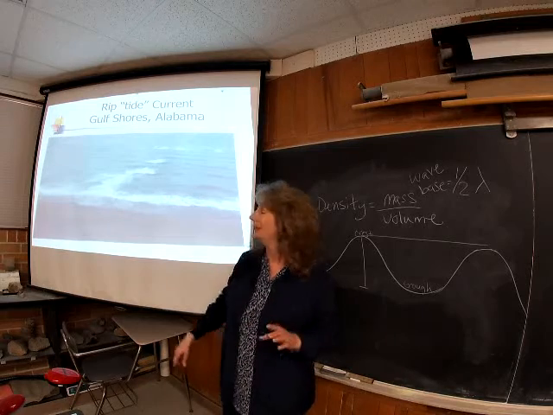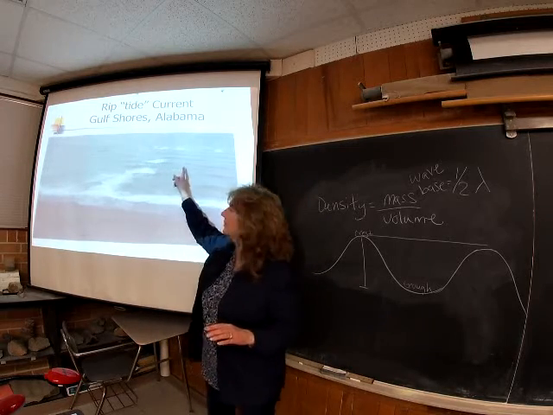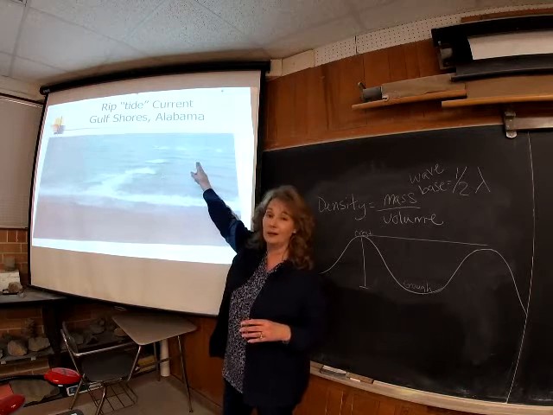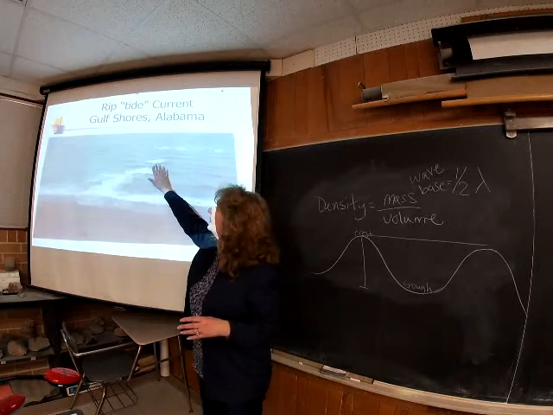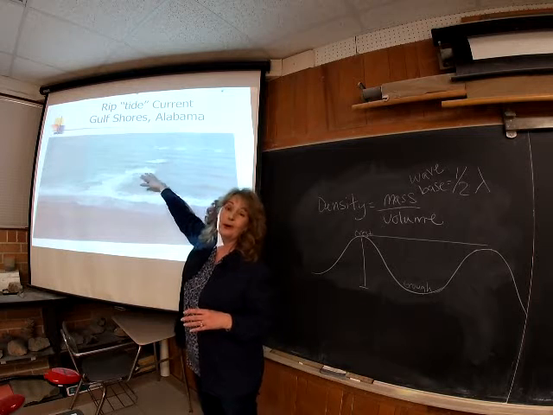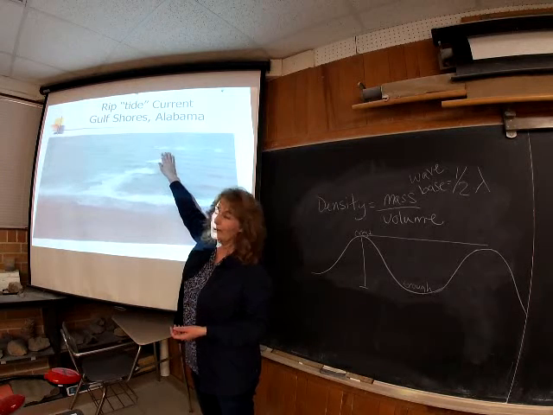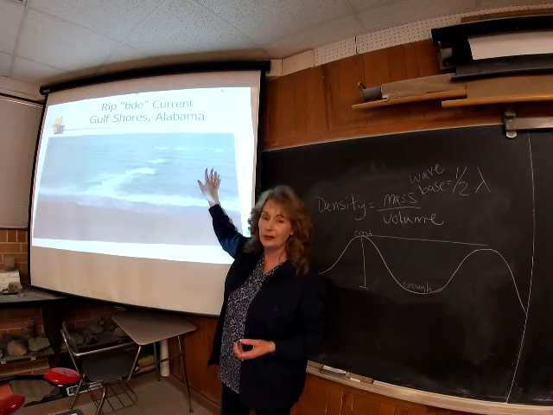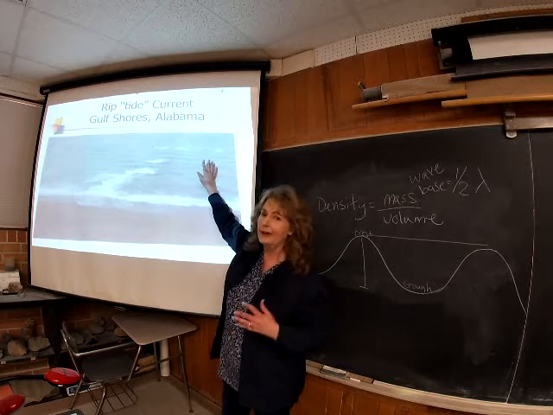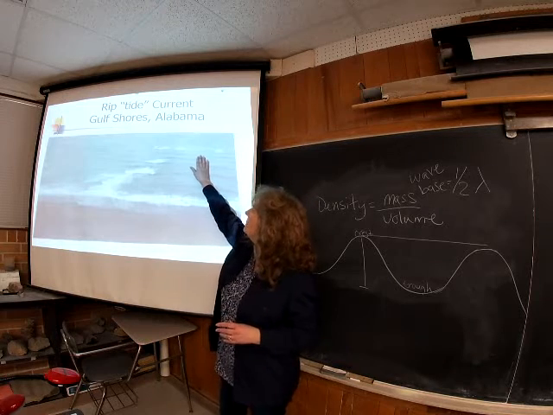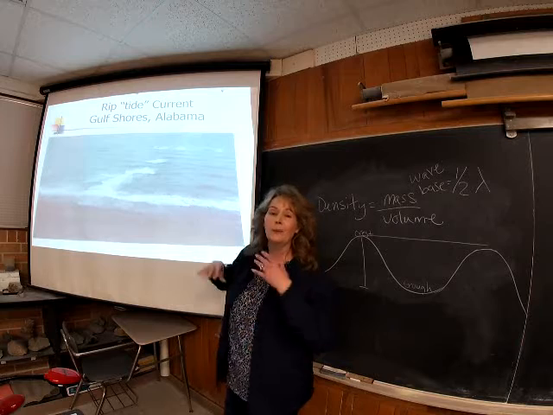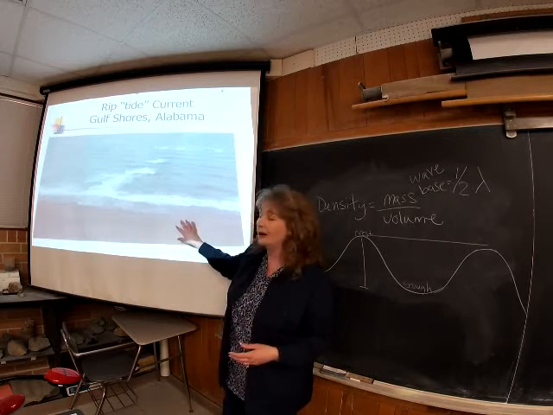What you need to do is go one way or the other, but swim parallel to the shoreline. Okay, eventually you're going to get out of that rip current that's trying to pull you farther and farther into the sea. So swim parallel, yell for help, whatever you need to do, and then once you get out of that rip current, you would be able to swim back up to the shore.